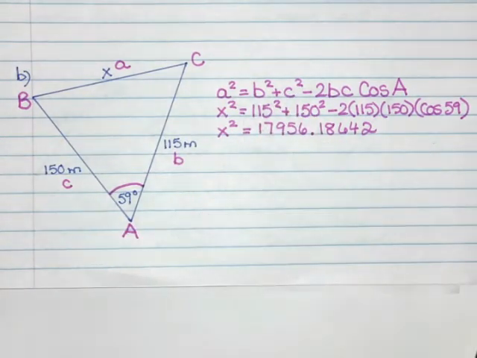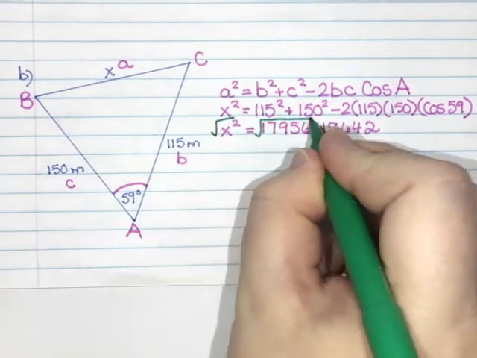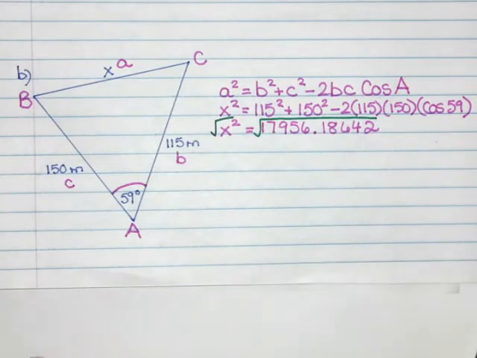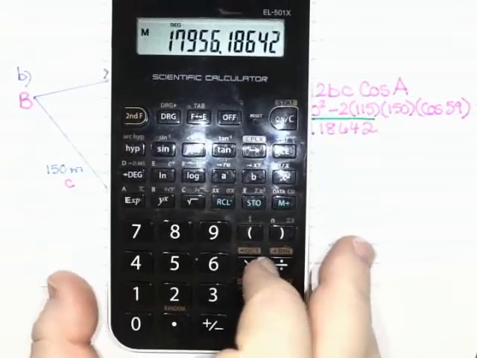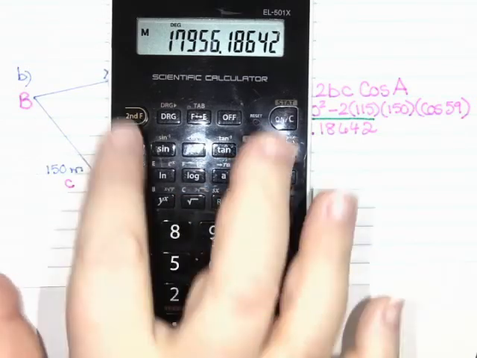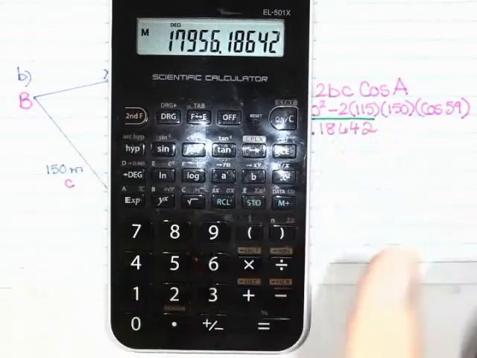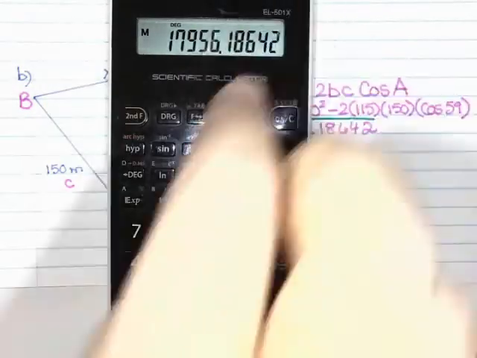In order to cancel out the square, we are going to do the opposite and square root. So I'm going to take this number and square root. Now I can just press my square root button. You might have to use a second function to get your square root, and you might have to do second square root and then hit equals to get it to put this number back in.